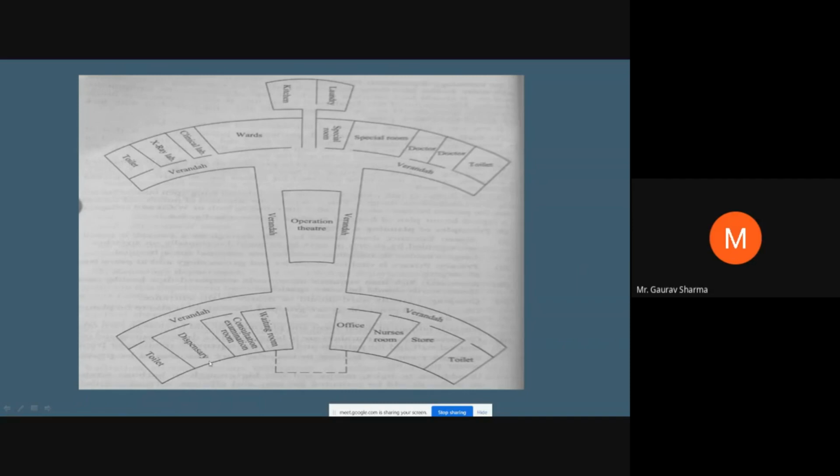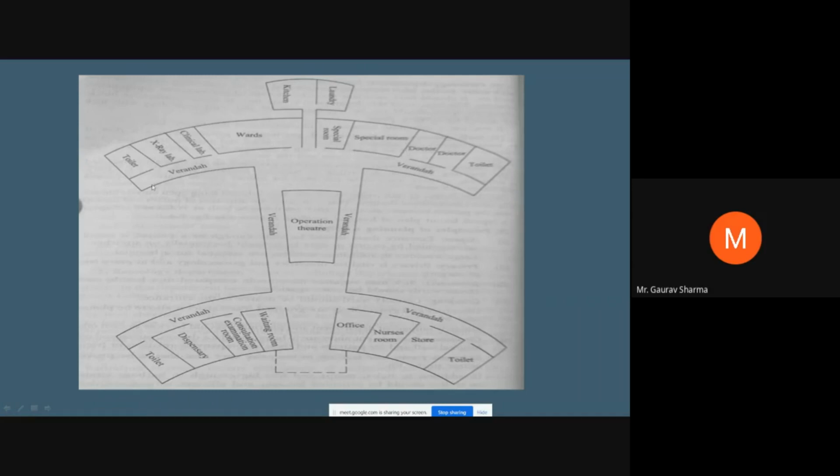And here we have a dispensary, consultation and examination room, a waiting room here, and a veranda. Again, that is the OT or operation theater in the middle. And see, this size of the corridor must be 3 to 4 meter, what I was talking about.